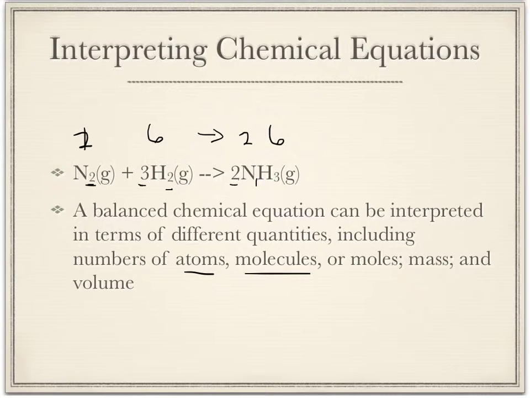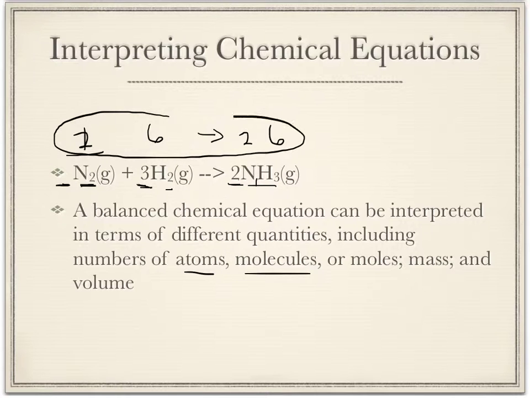If we want to talk about it in terms of molecules, I need 1 molecule of N2. Each molecule has 2 atoms, but I need 1 molecule. Here I need 3 molecules of H2, and I form 2 molecules of NH3. Notice that when we talked about atoms, the same number of atoms are on the left as on the right. That's not true about molecules.